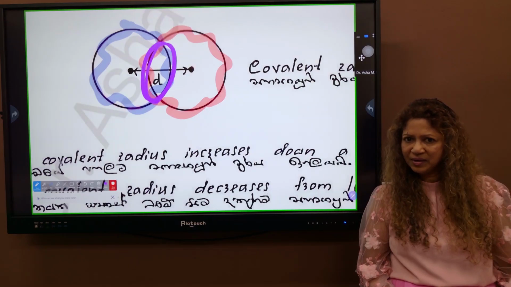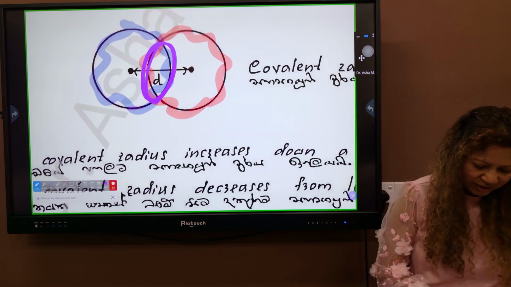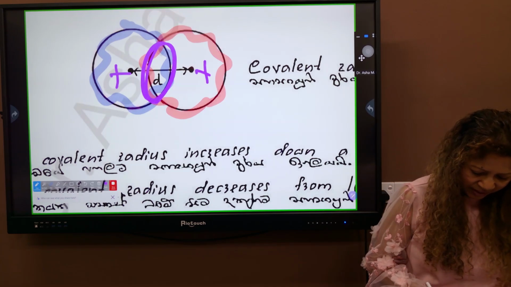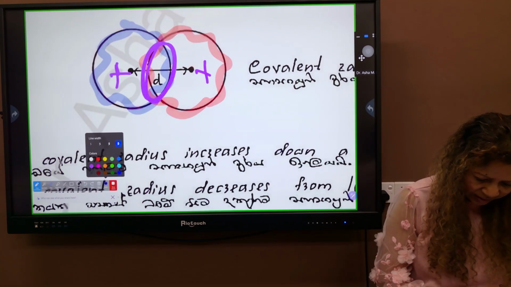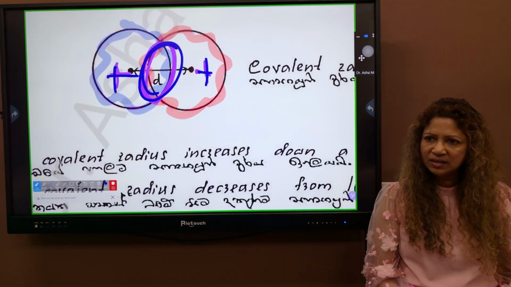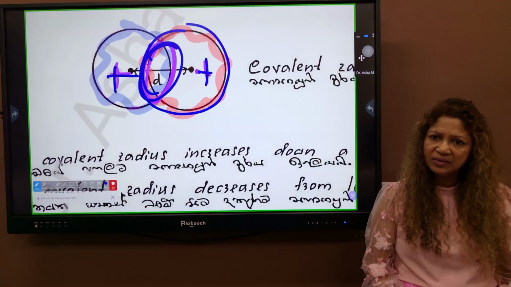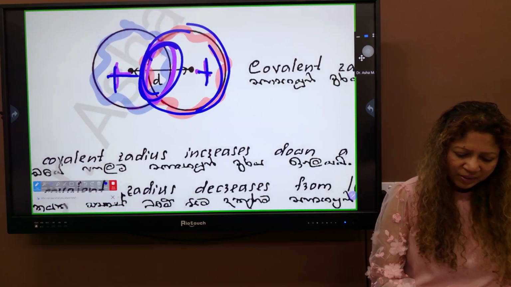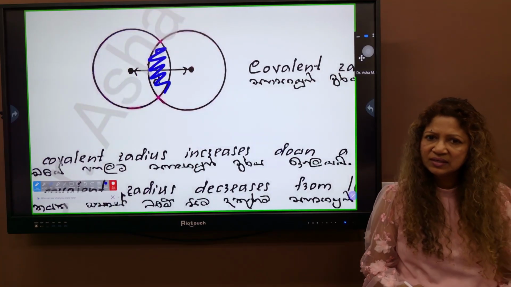Most of the time, since two plus charges are here, minus charges are more trapped into that. Most of the time the electron can stay here, but not all the time. Anyway, they are moving around and around. Understood? So the overlapping part is here.